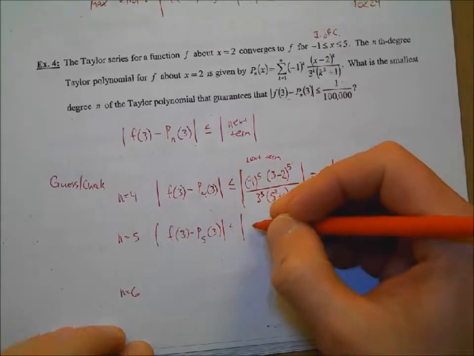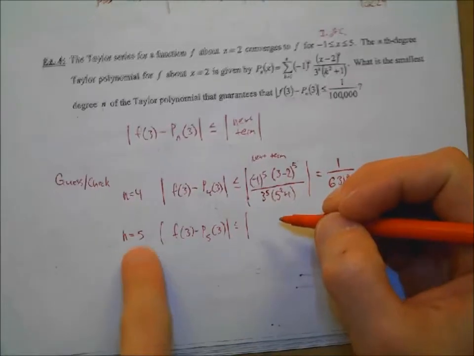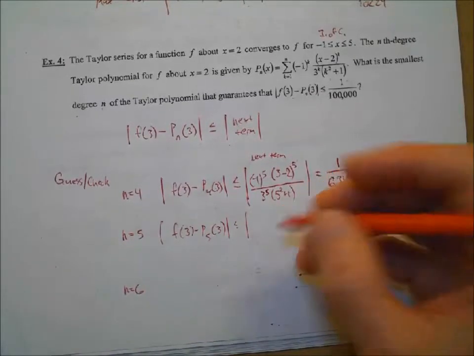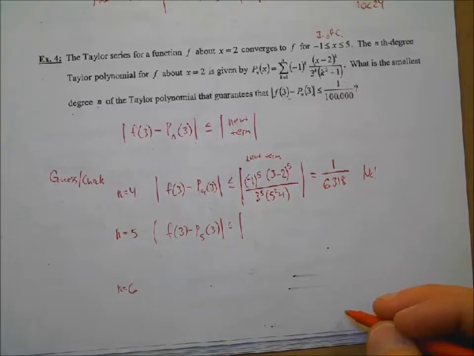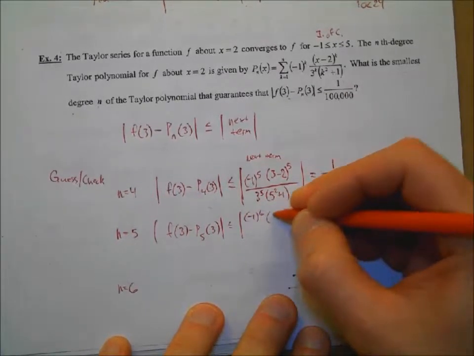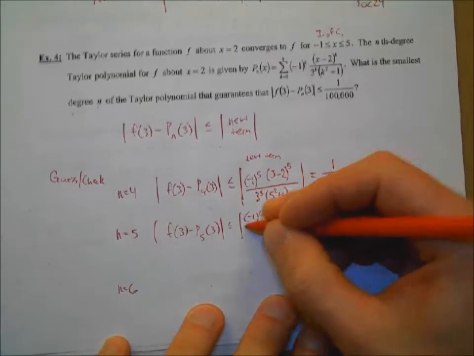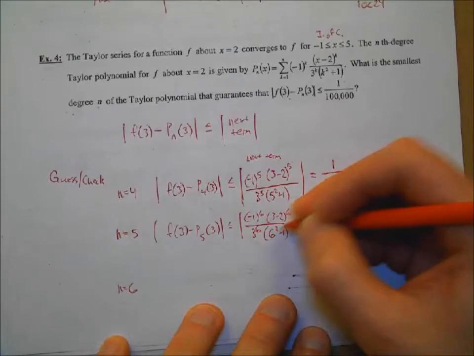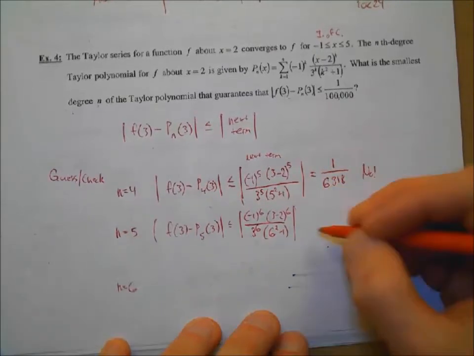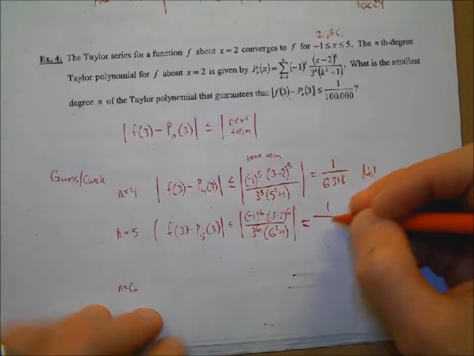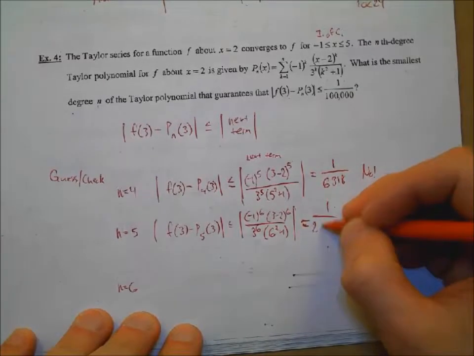And again, for the next term, if we're checking to see if the 5th degree Taylor polynomial works for us, we are going to check the 6th term to see if it's less than 1/100,000. So again, -1 to the 6th, 3 to the 6th, 6 squared plus 1. And that should equal, I'll give you this one here, 1 over 26,973.